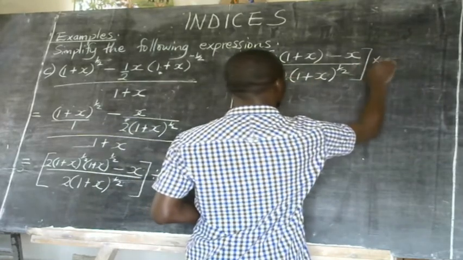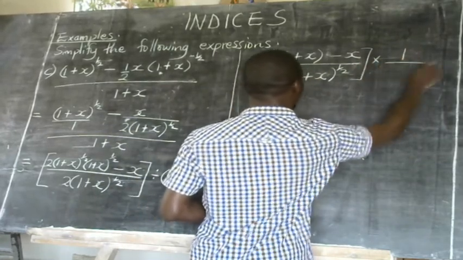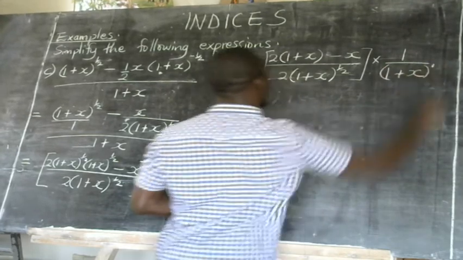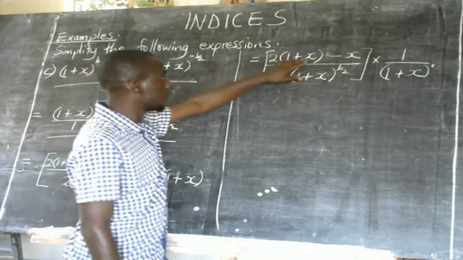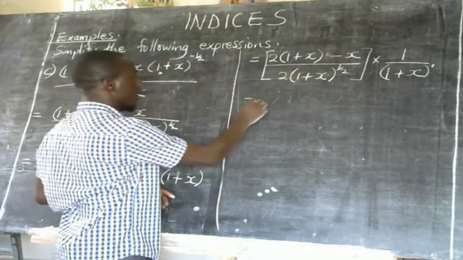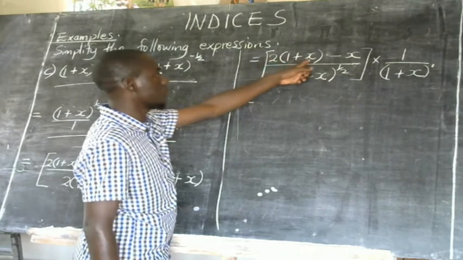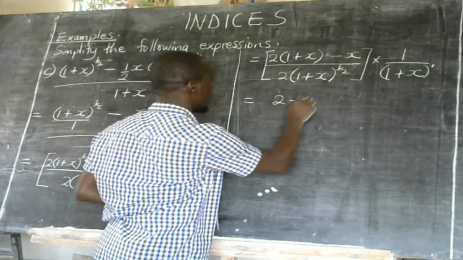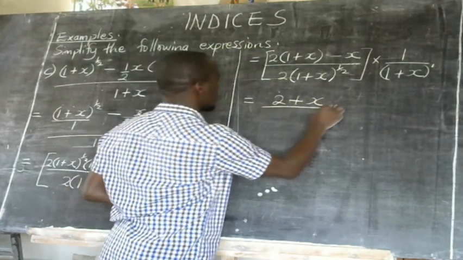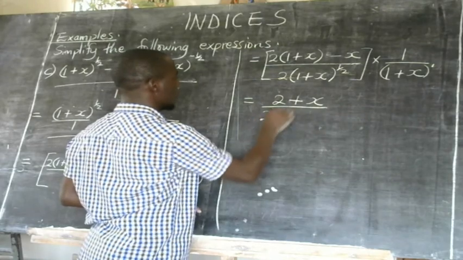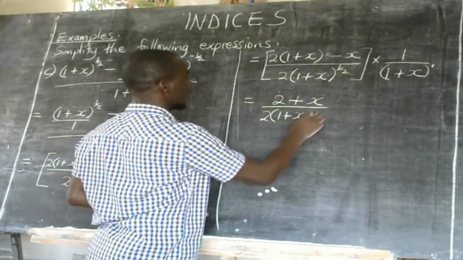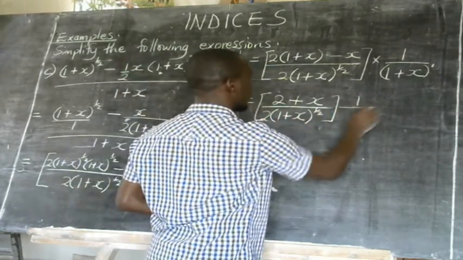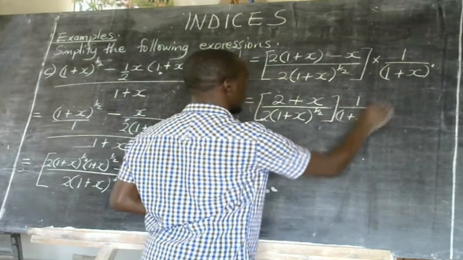And now this is times 1 all over 1 plus x. This one is power 1. So here, when I open the bracket, I'll be having 2 and then 2x. But when I subtract that, I'll be having 2 plus x. Then divide by 2 into 1 plus x power a half into the 1 all over 1 plus x power 1.